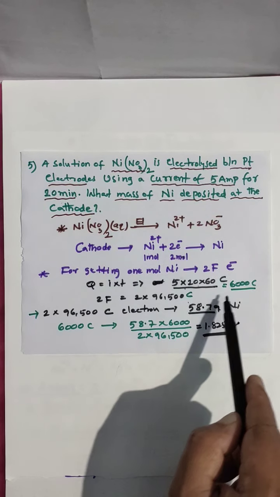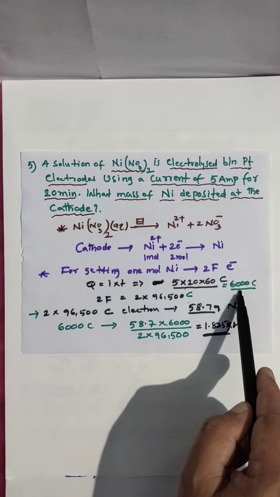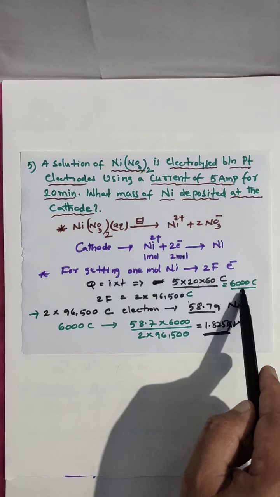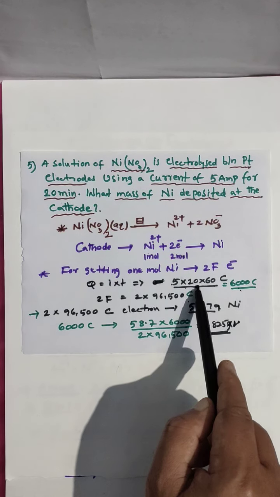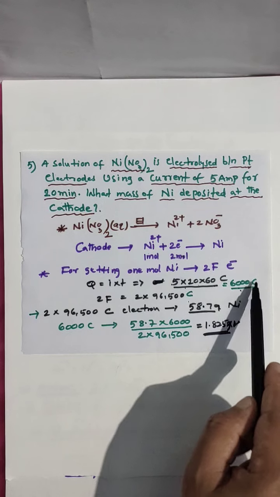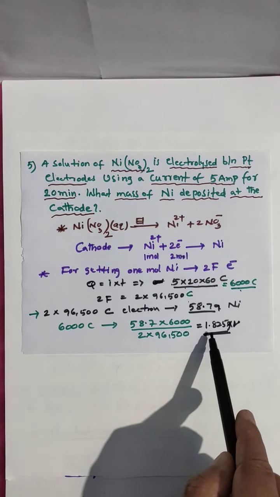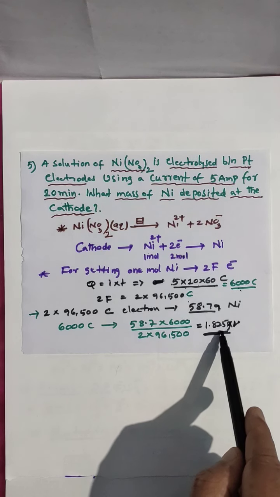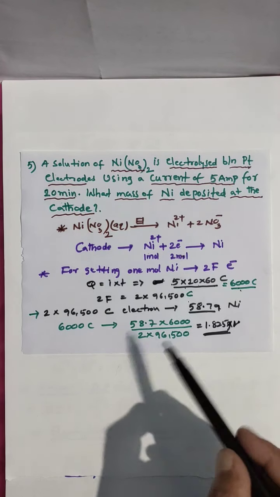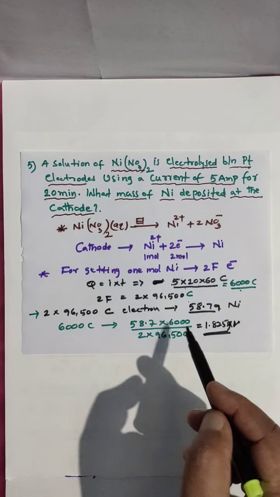But according to the numerical, how much charge did we get? 6,000, that is 5 into 20 into 60. For this much charge, how much will be deposited? 1.825 grams will be deposited. You simplify this and you get it.